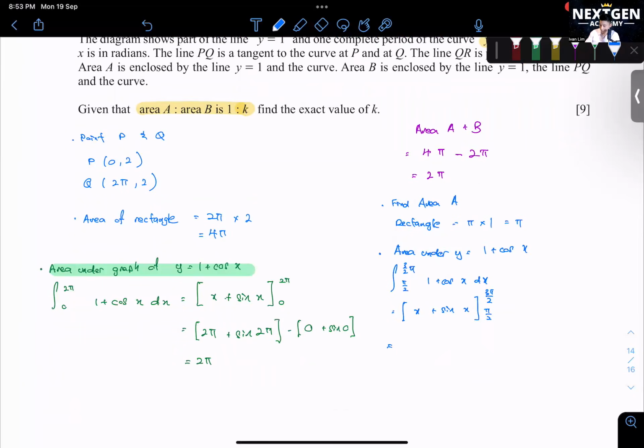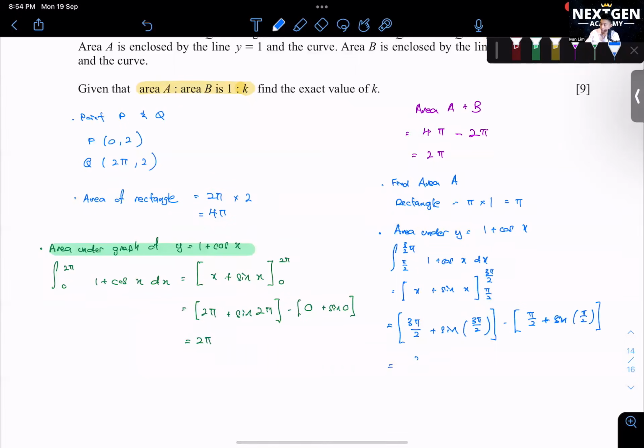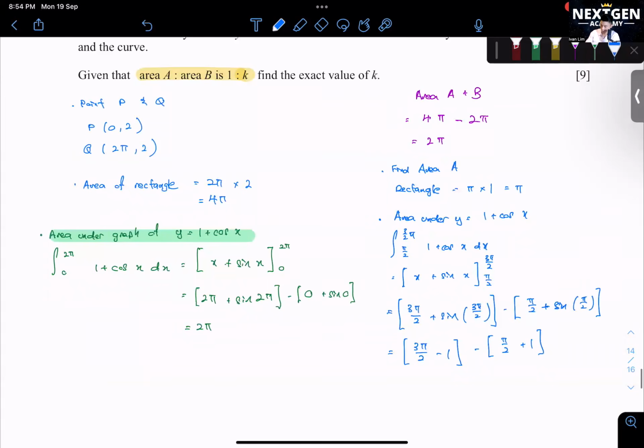Sub it in: 3 pi over 2 plus sine 3 pi over 2, then minus pi over 2 plus sine pi over 2. That is 3 pi over 2 minus 1, minus pi over 2 plus 1. We get pi minus 2.